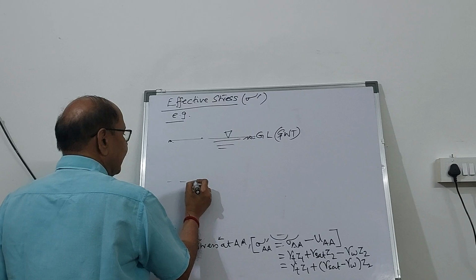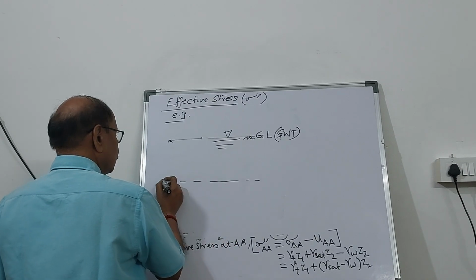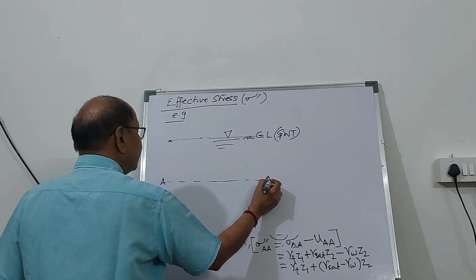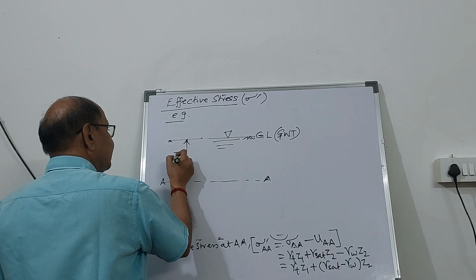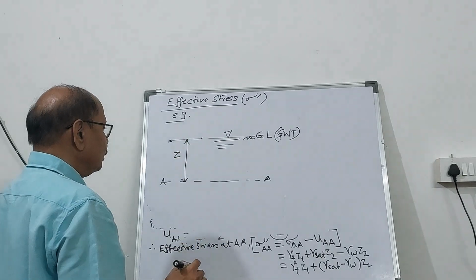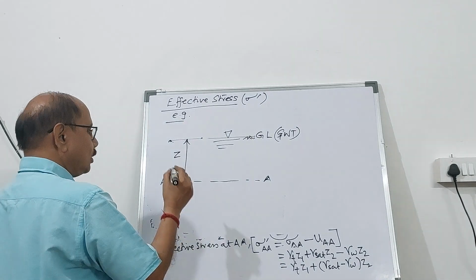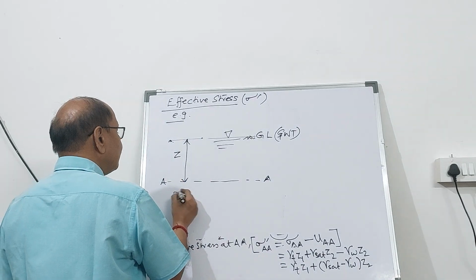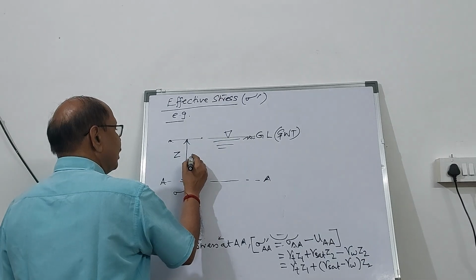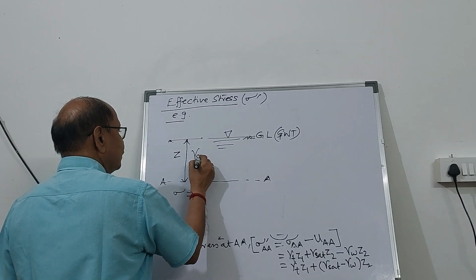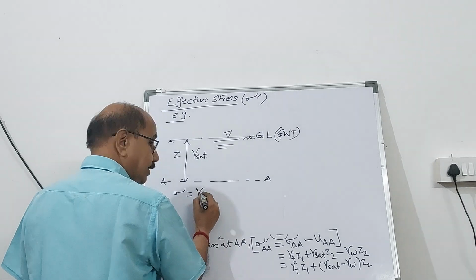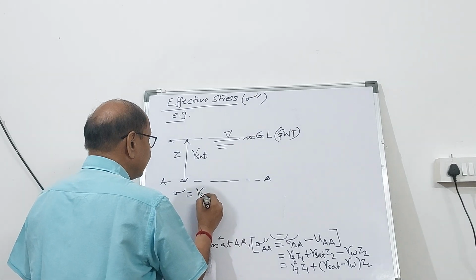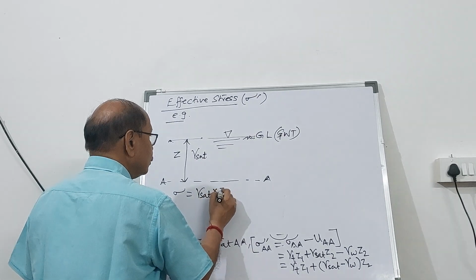So at any plane A, which is at a depth, say Z, how will you calculate the total pressure? The total pressure sigma, what is the unit weight it is? The total unit weight is gamma saturated.